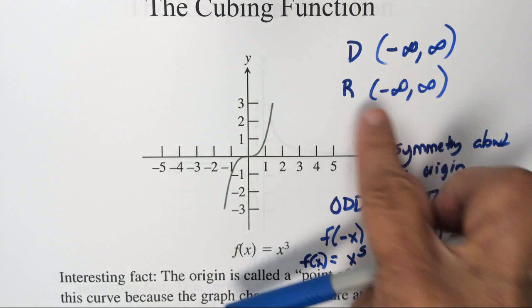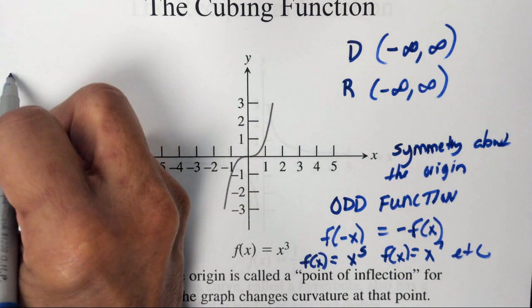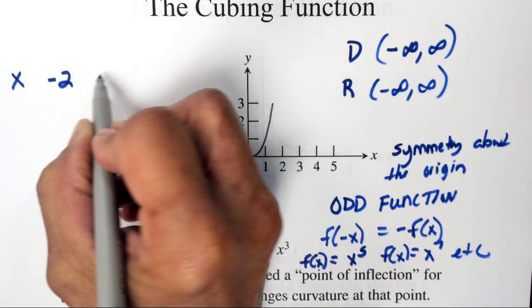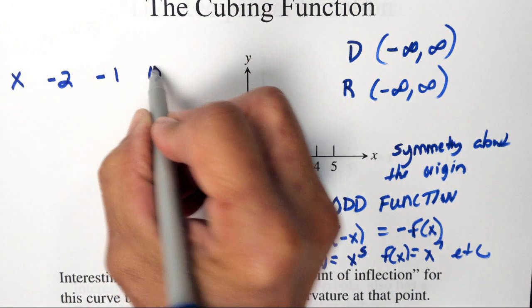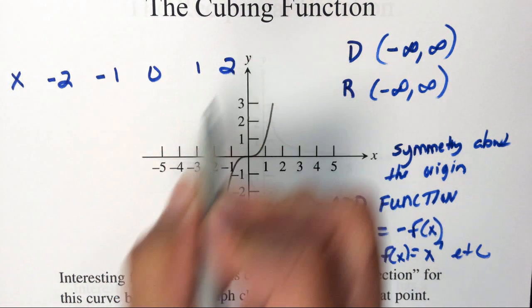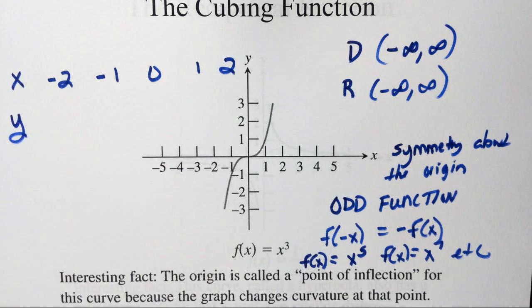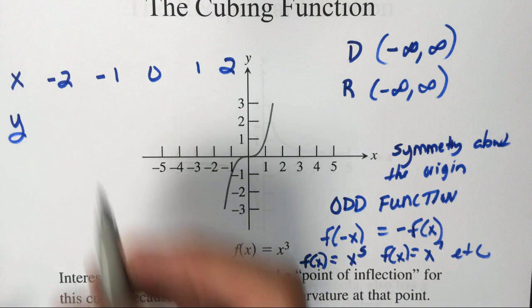So, because my domain is negative infinity to positive infinity, is it okay to let my x's be negative 2, negative 1, 0, 1, and 2? And what is negative 2 times negative 2 times negative 2?